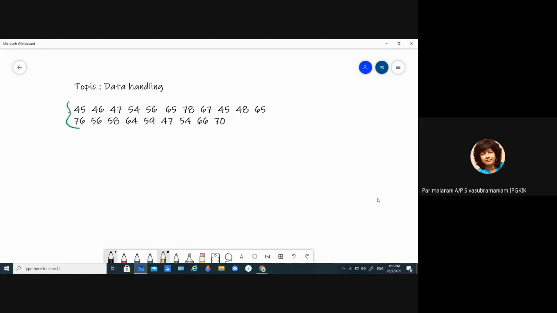Say the student has collected all this data for some question that you gave them, and now they want to add all this data because there's a lot of numbers to add. When they're doing data handling, you want them to go through the process of first collecting the data, and then finding some statistical calculations, and so on. So the idea is not to focus on the addition itself.